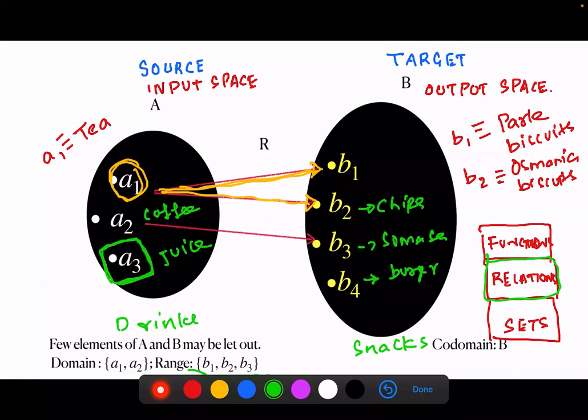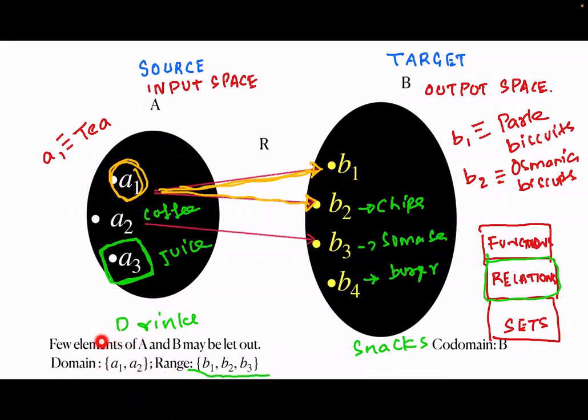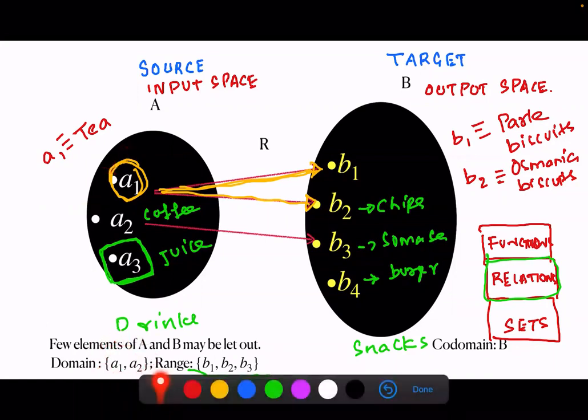These elements A1, A2, they are not there in set B, right? Your set B is the codomain. So you're not taking the union of domain and range. Then what would be the codomain, sir? Codomain, Harsha, the set B itself is called the codomain.